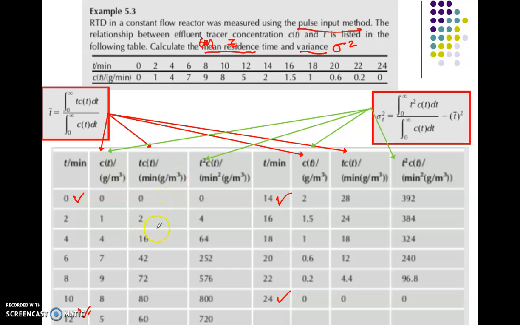In order for us to determine your T bar or your TM, the same thing, mean residence time, we use this formula: the integration of T times CT dt from 0 to infinity, divided by the integration of CT dt from 0 to infinity.